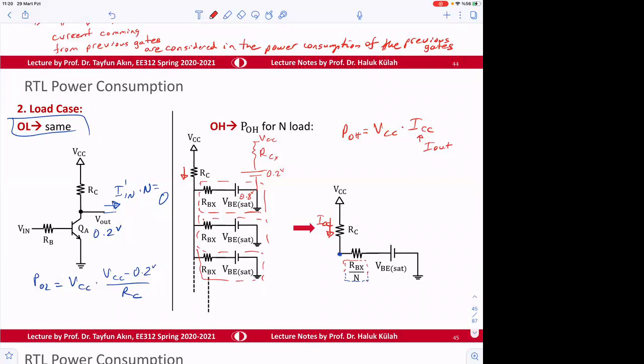Okay, so this thing models the circuit here. So therefore, VCC minus 0.8 volts divided by RC plus RBX divided by N is going to give us ICC. Okay. So this is good.